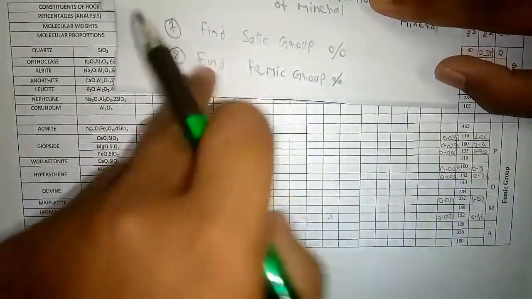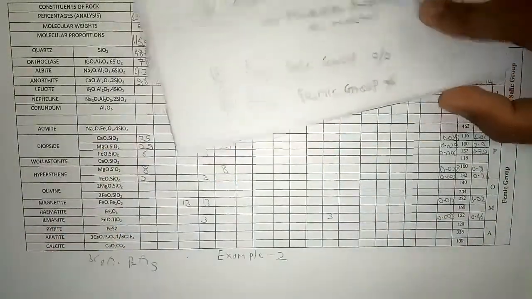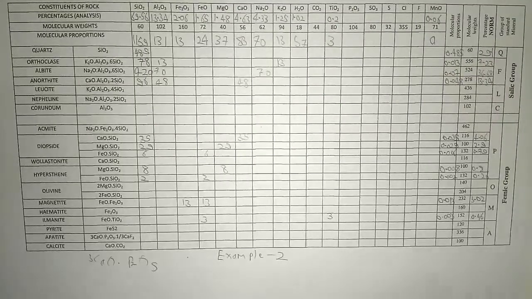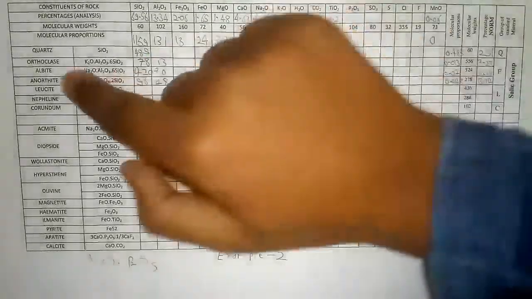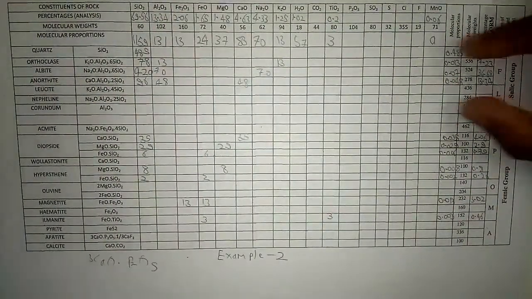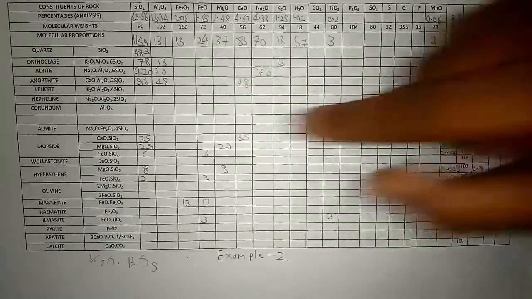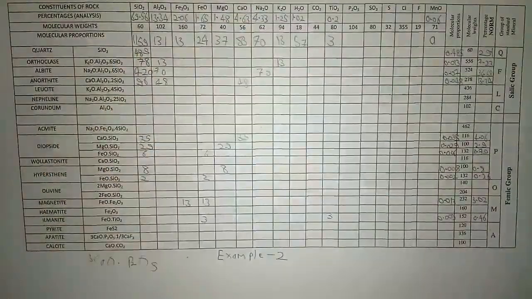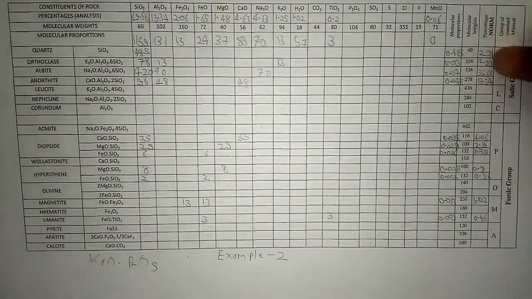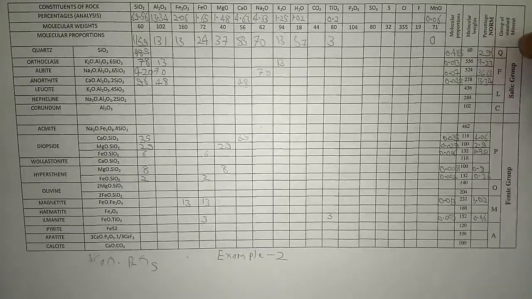So how we will find this? See here, the Sialic group is from quartz till corundum. You can see this box, this whole box, quartz till corundum. Okay, and in case of Femic group, it is from hematite to calcite. So we don't have to do anything. We will just add these percentages, and we have to write it here.